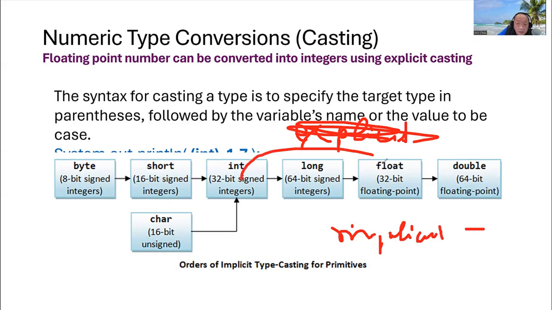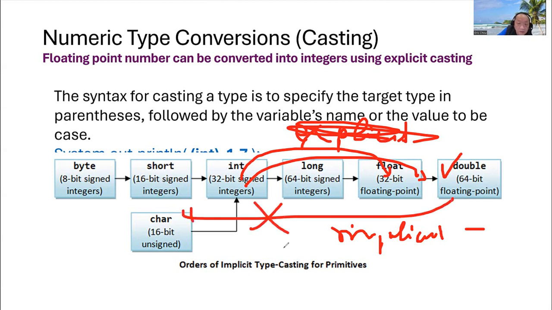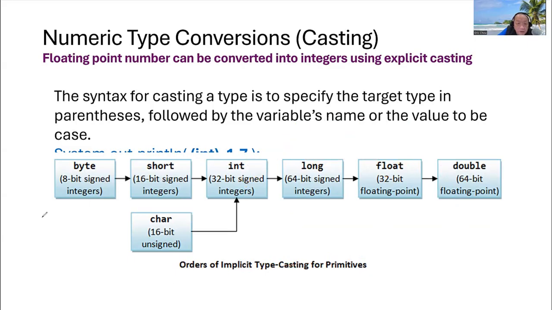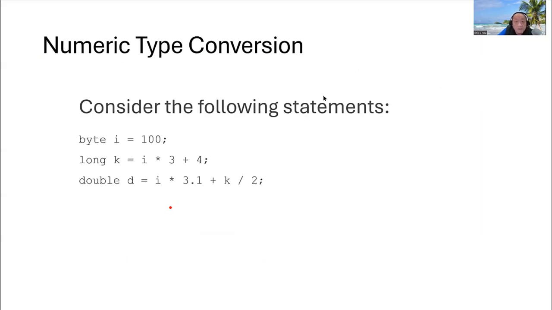You can convert integer to float or integer to double, that's fine. But double to integer, that's no. So going to the longer form is okay. Going to the shorter form is not okay. If you want to go from double to integer, you need to use casting. Convert it, okay?